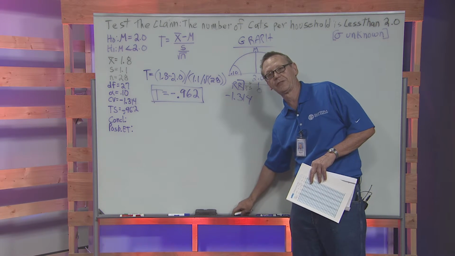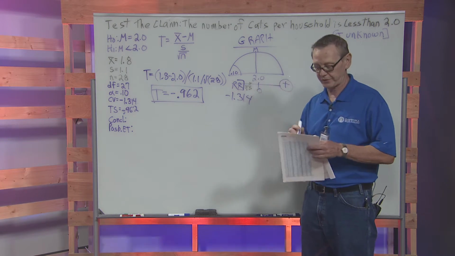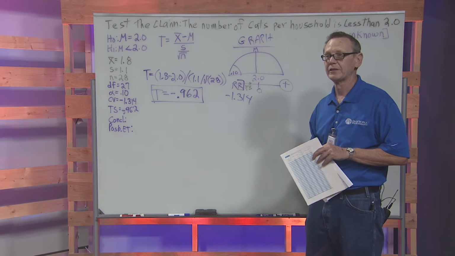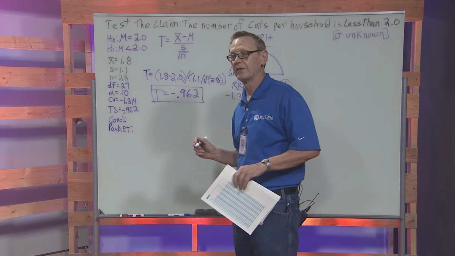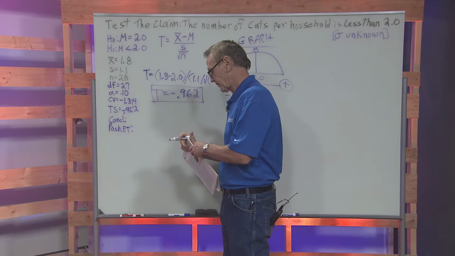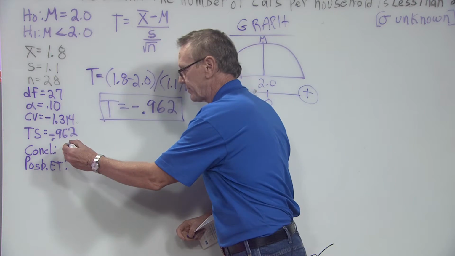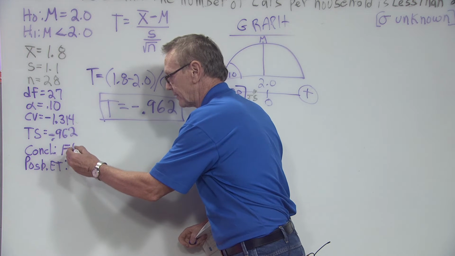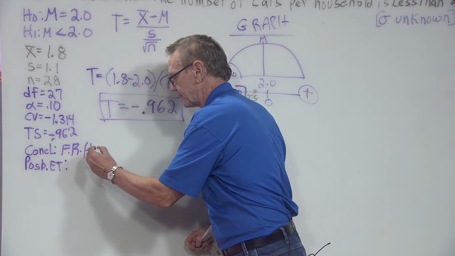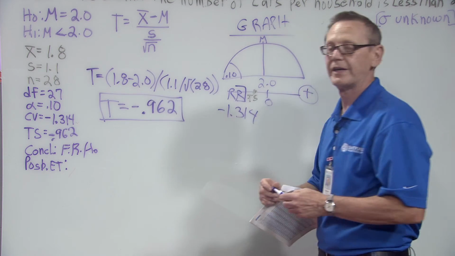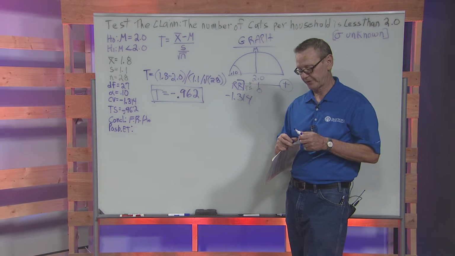The test statistic is not in the rejection region, so the conclusion would be fail to reject the null hypothesis. So I'll add that to my list. Fail to reject the null hypothesis.